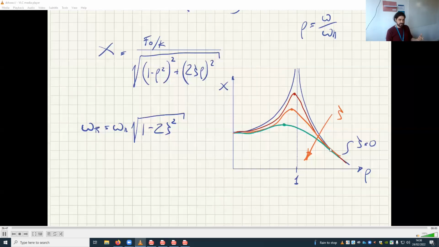But if you have more damping, then the resonance occurs earlier. And again, this is exaggerated. They are very, very close to one anyway. All of these are very close to one, but these form a parabola. So if you join all of these points from here to here, they will form a parabola.